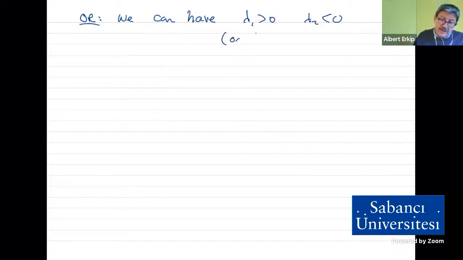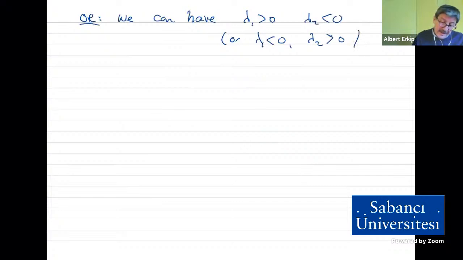Okay, there's a third case that may happen, where we can have lambda 1 positive and lambda 2 negative, or the other way around. The pictures are more or less the same, so I don't really care.